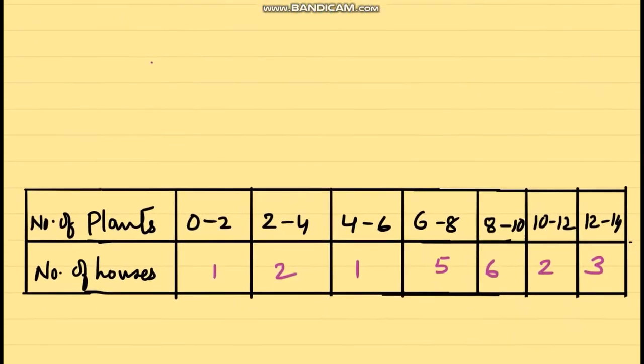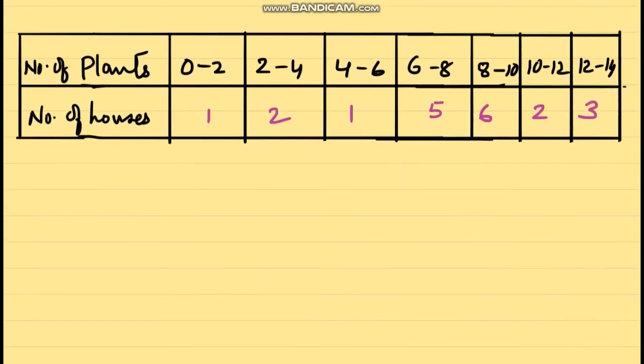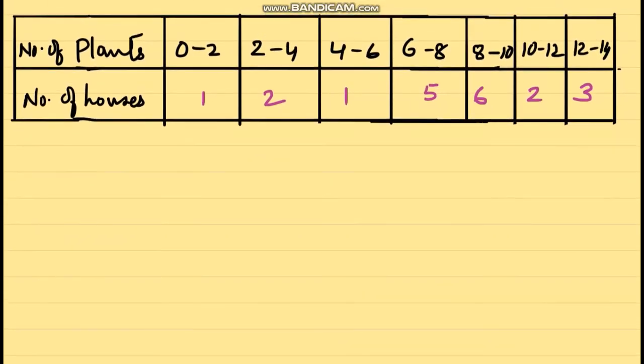Now, see what is the data actually. Number of plants is given as grouped data. See, 0 to 2, number of houses 1. That means one house has planted from 0 to 2.